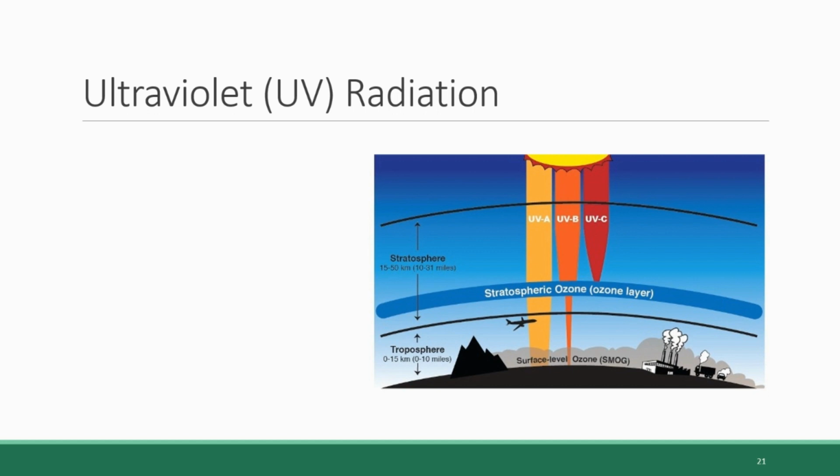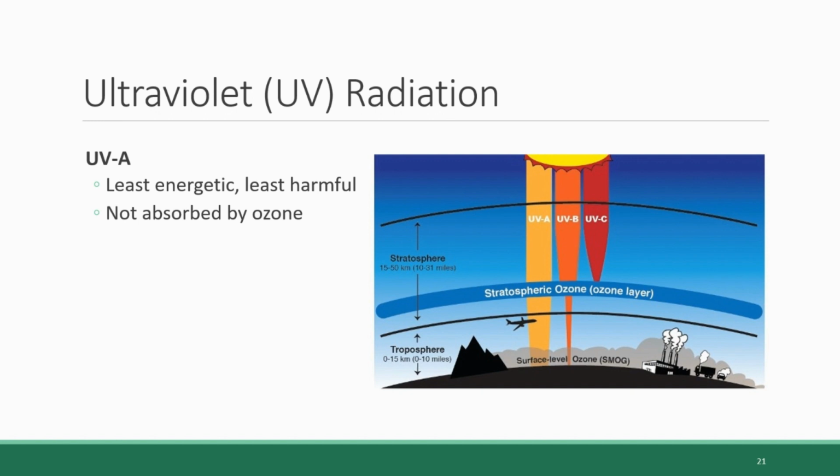So, a little more about UV radiation. As we mentioned in the last section, there are actually three different types of UV radiation that the sun produces. UVA carries the least energy and therefore is the least harmful. So, you can see UVA represented in the lighter orange yellow color on the left side of the image.